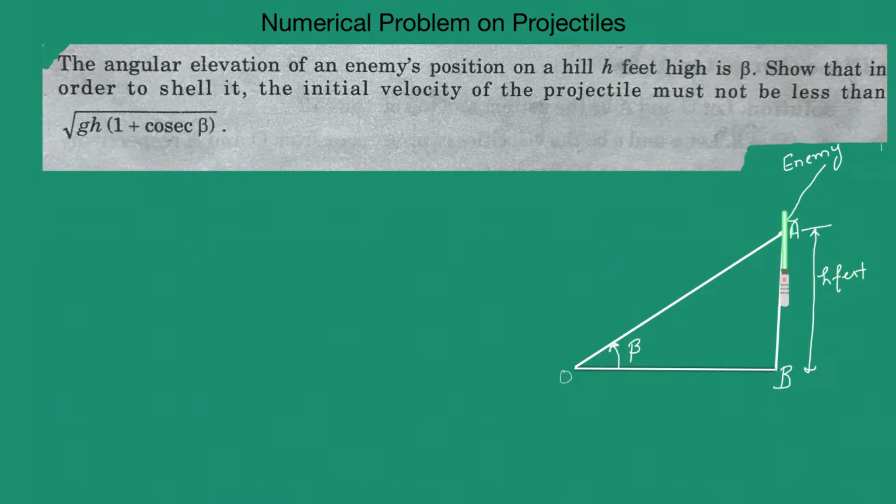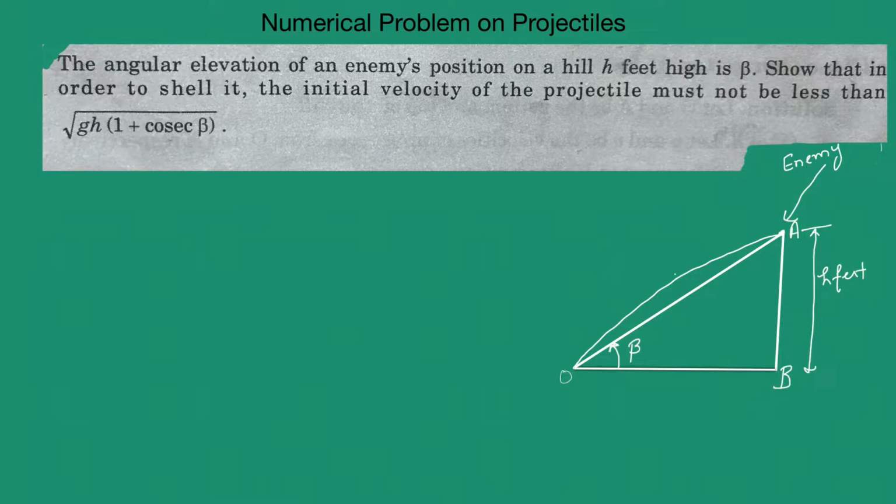This angle is beta, the angle of elevation. Now we have to hit this particular enemy, so the projectile will start from here and hit something like that.